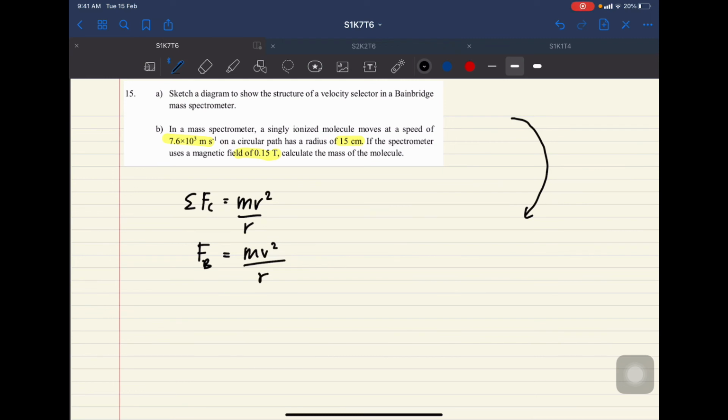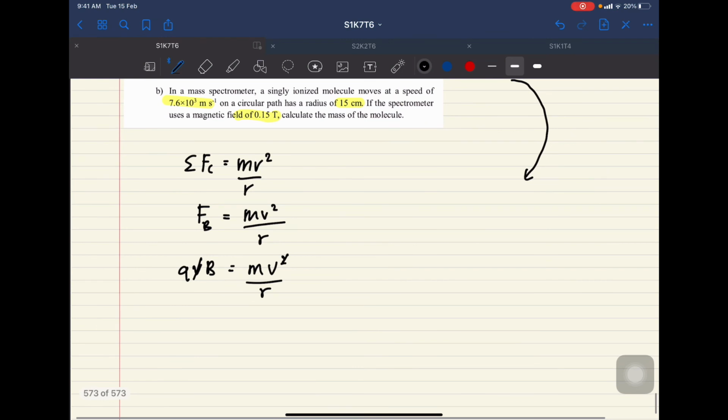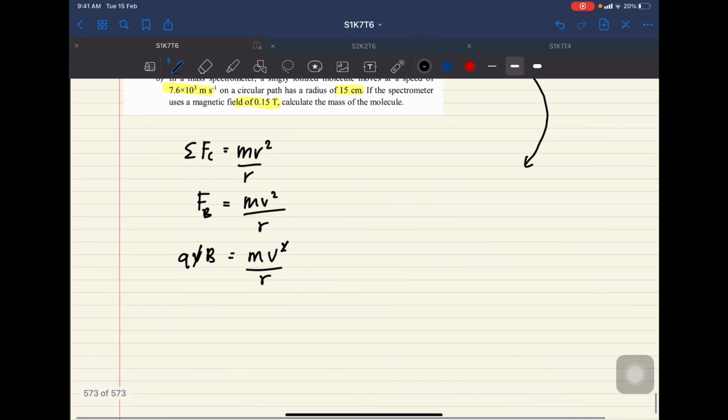Then I can substitute Fb with QVB. Since they already give you the velocity, we can straight away calculate. So mass is equal to QBR over V. I just rearranged it.